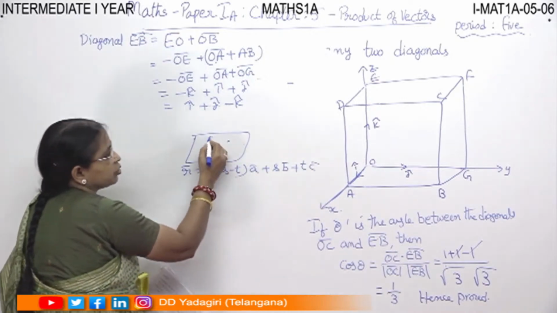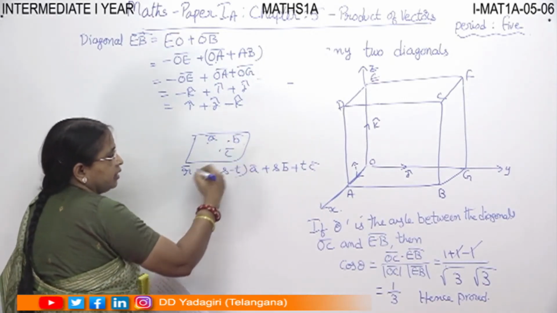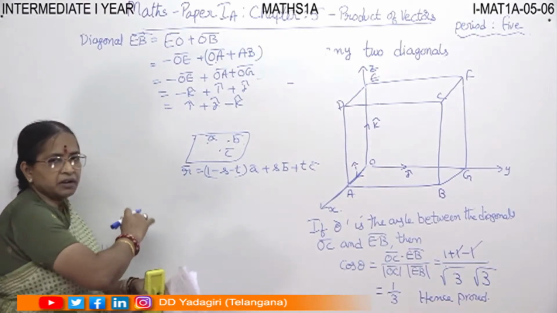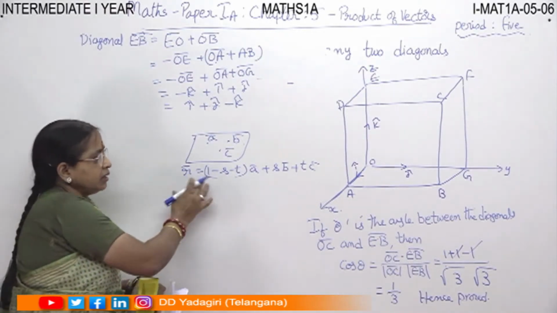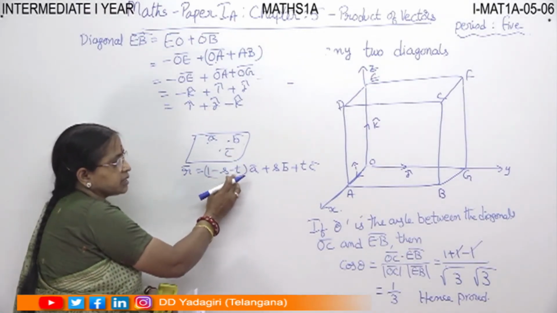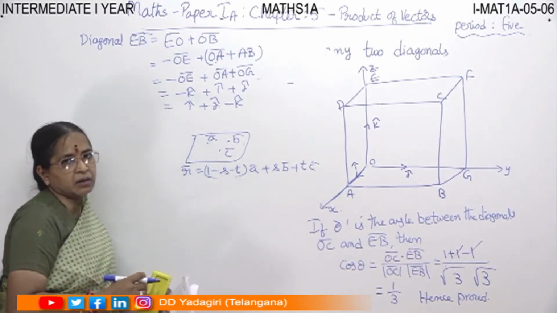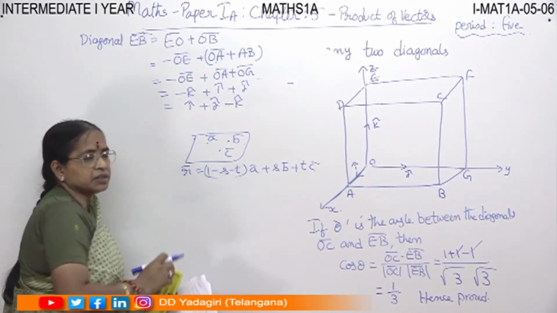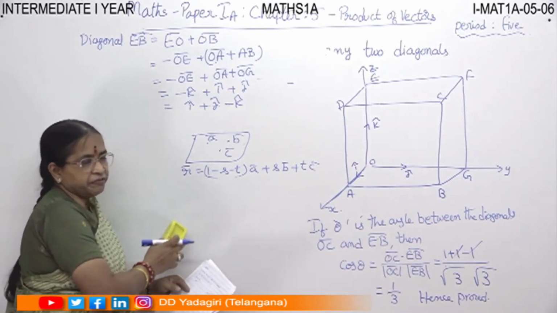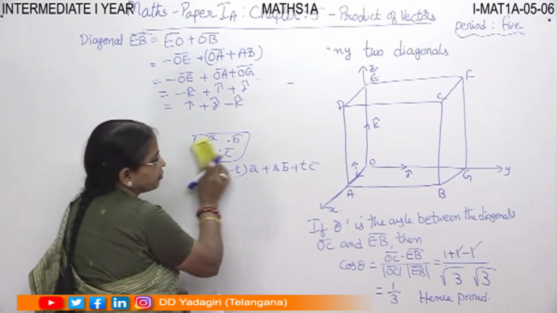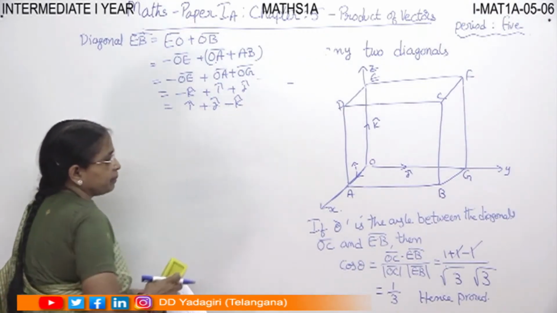If the plane passes through the points a, b and c, this is the formula. So like that you have learned 3 equations. These equations contain s and t. So these are scalars. s and t are real numbers. So this form of equations is called the parametric form. They are called the parametric forms of the equations of the planes.